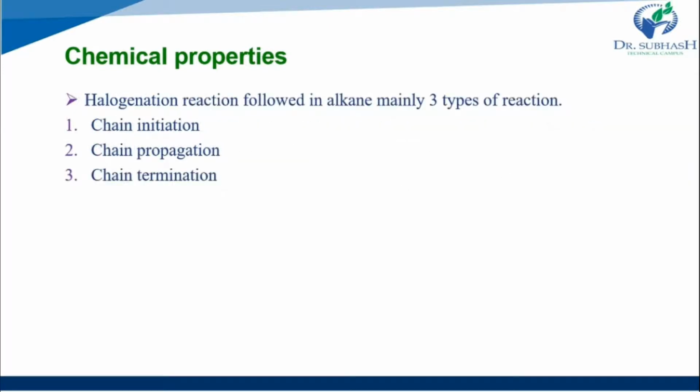Then the halogenation reaction mechanism has 3 steps: chain initiation, chain propagation, and chain termination. Initiation is the starting part of the reaction, chain propagation is the middle part of the reaction, and chain termination is the last part of the reaction.